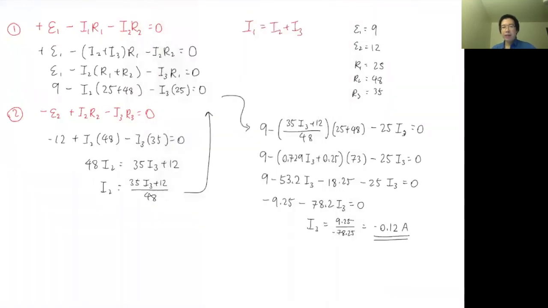Okay, so we grind through the algebra and you solve for I3 and you got a negative number.